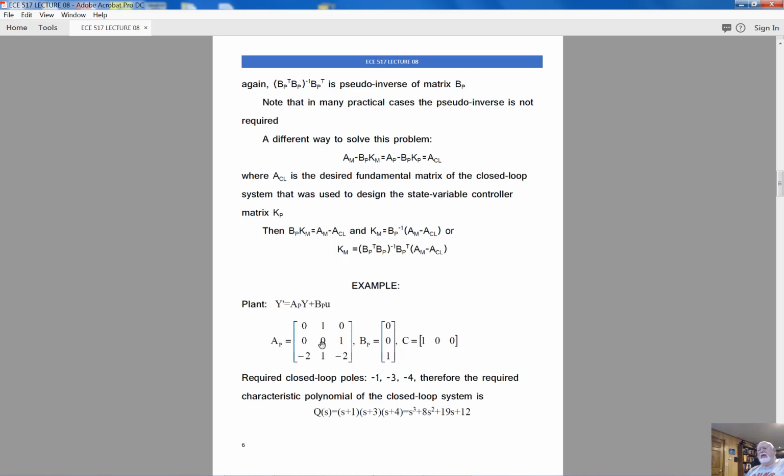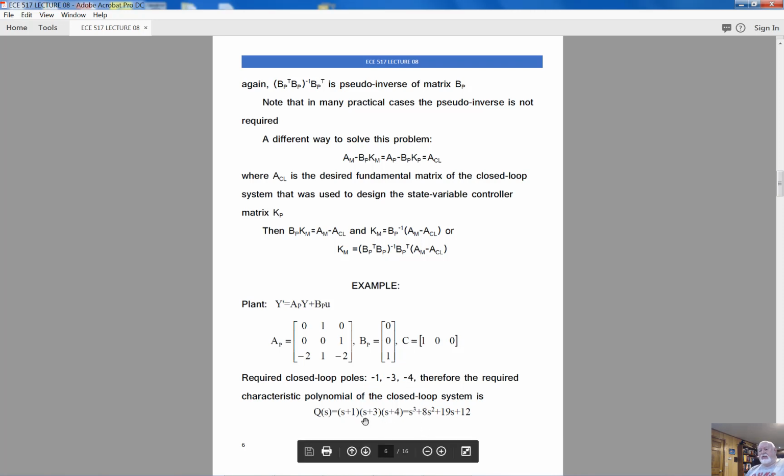We want to stabilize this control plant. And therefore, we will make sure that the closed loop system will have these eigenvalues. The fundamental matrix of the stabilized control plant will have these eigenvalues.